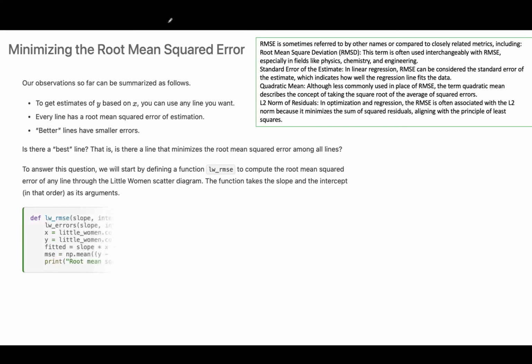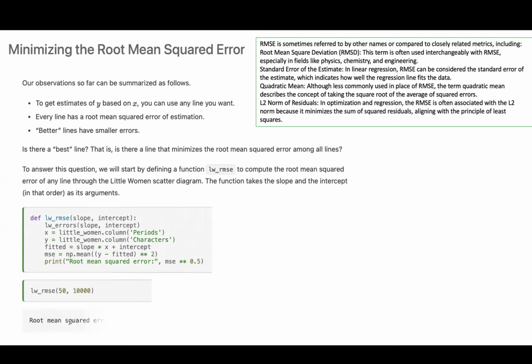So let us define this function that takes two arguments, slope and the intercept, and it basically fits that into the model.